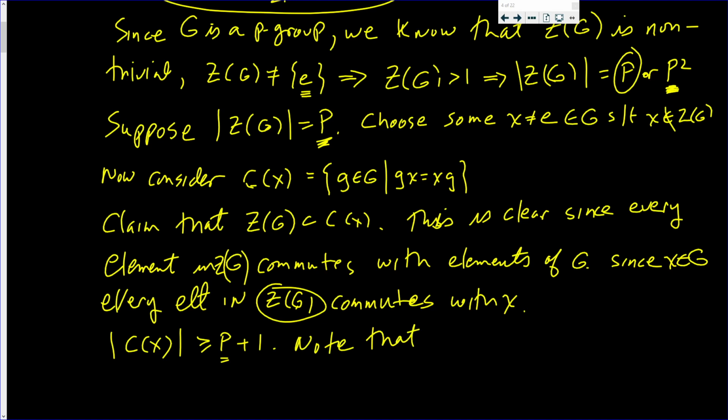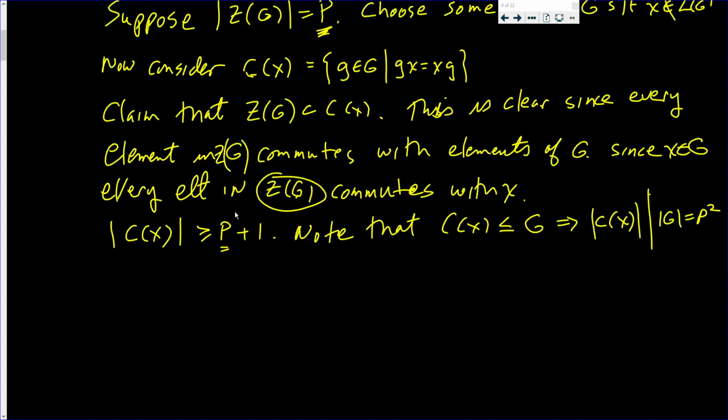Note that C(x) is a subgroup of G. This implies that the order of C(x) must divide the order of G, which is p squared.